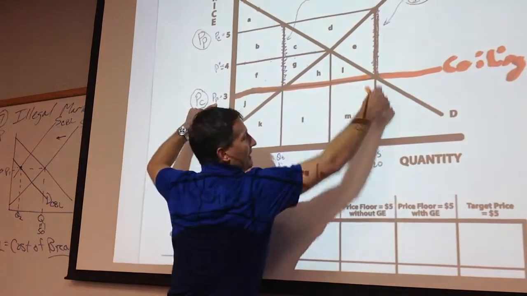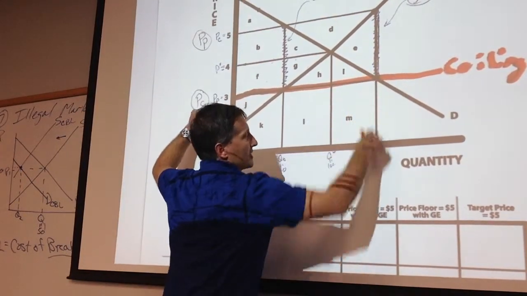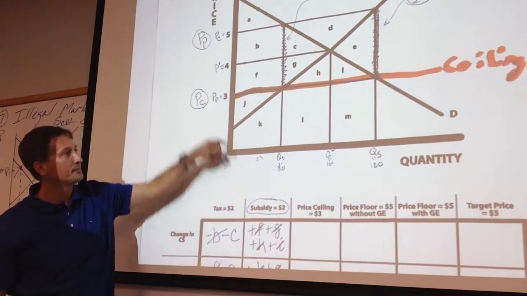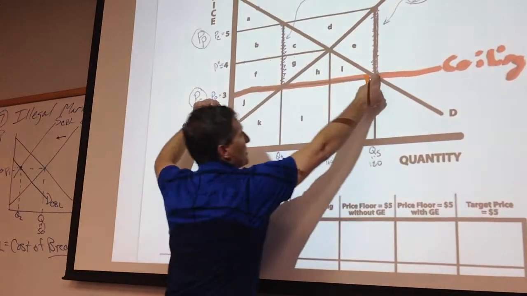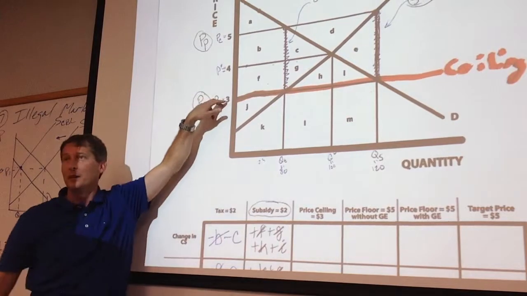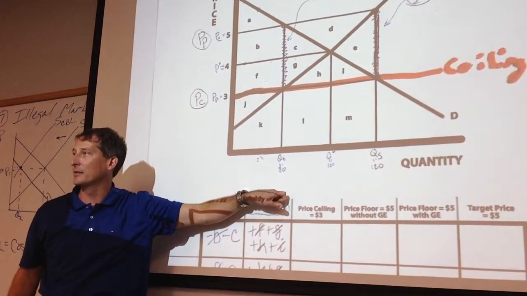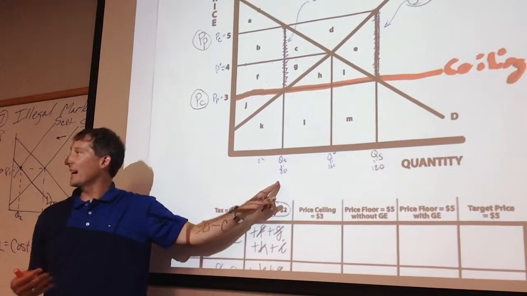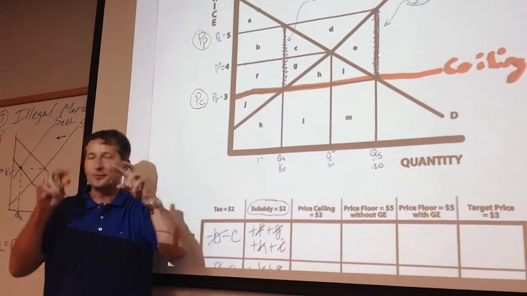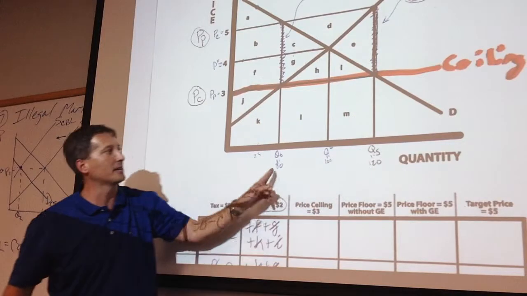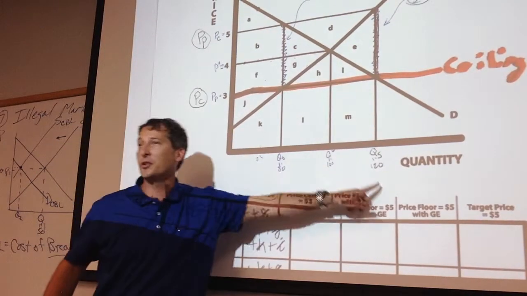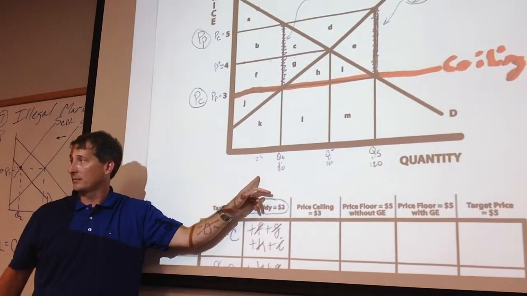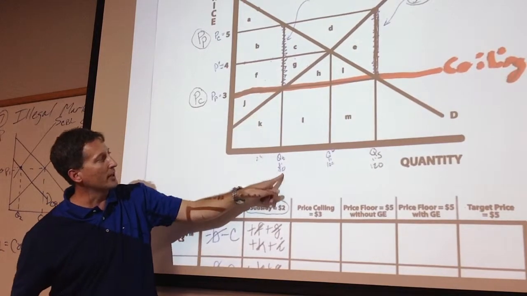Because consumers want to buy 120, but are there 120 available? No, there's only 80. The short side of the market wins. Consumers can't buy what's not available, right? So there's a shortage. They only consume 80.